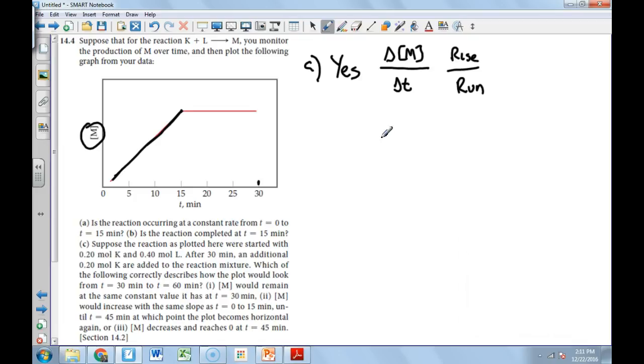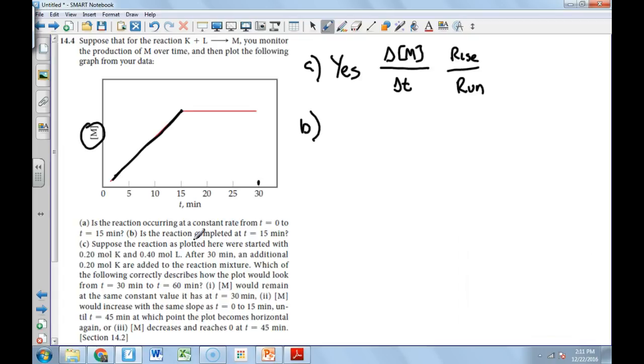A straight line, constant slope. So that means that, yes, for part A, when this is going from 0 to 15, the slope is constant, and so the rate is constant.